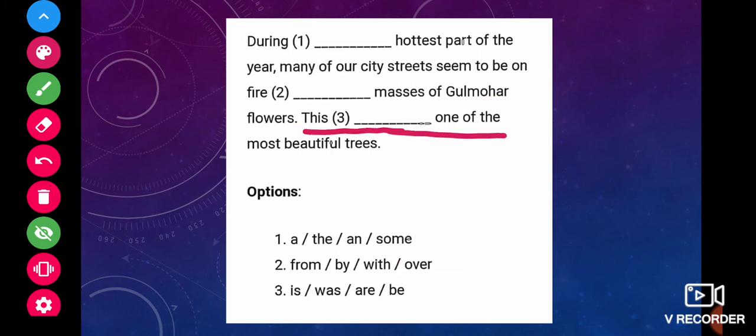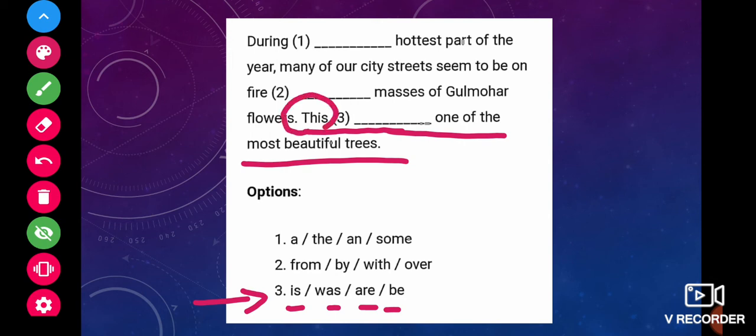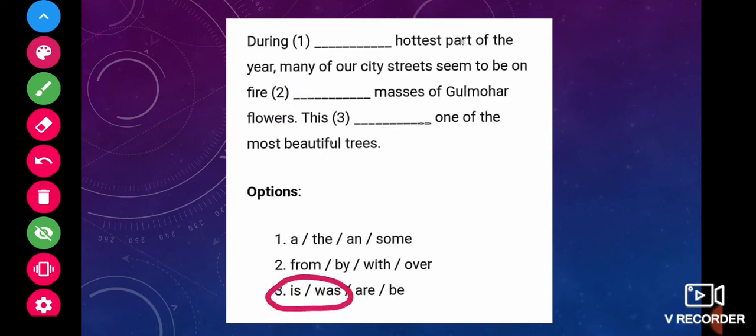"This dash one of the most beautiful trees." Now here these are the options: is, was, are, be. Because this is singular, here we will use is, but was is also singular. So we have 2 options, is or was, for the last sentence.